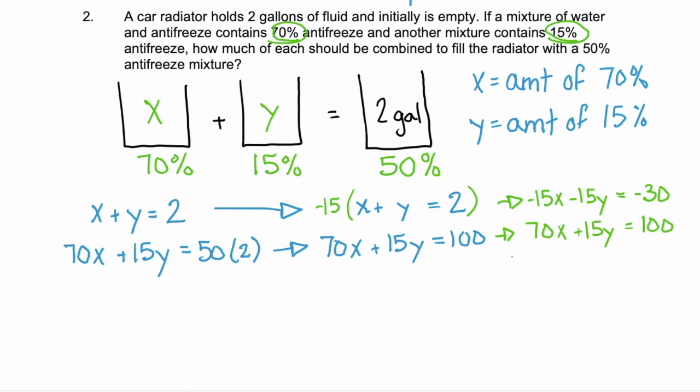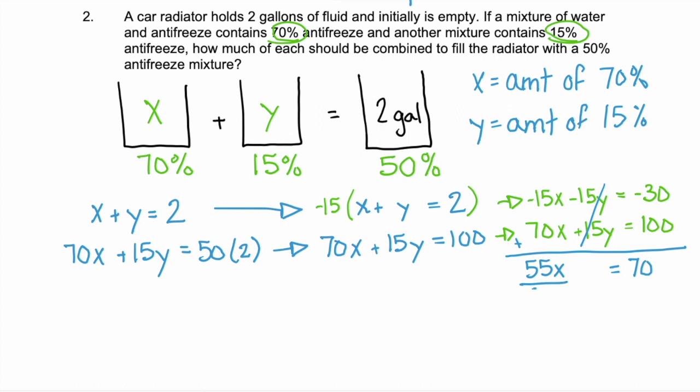So now let's add those two together. So negative 15x plus 70x becomes 55x. And negative 15y plus 15y, those cancel each other out. And it's equal to negative 30 plus 100, or 70. So 55x equals 70.